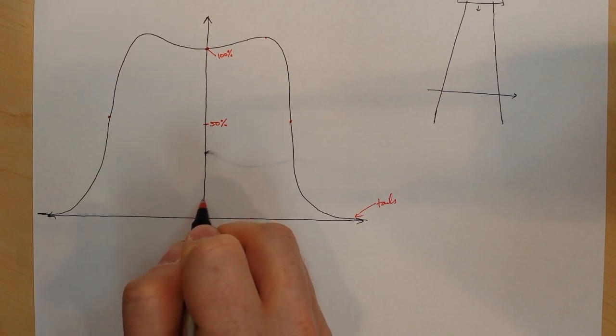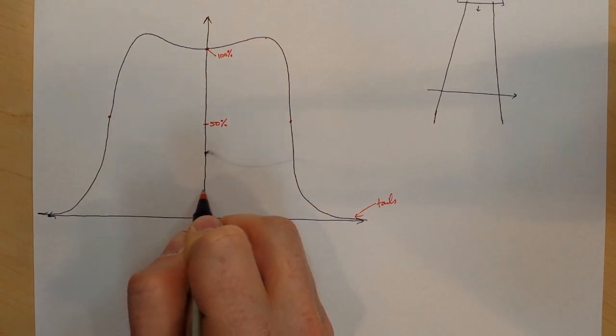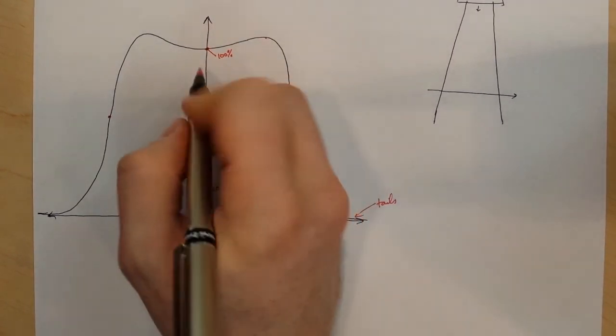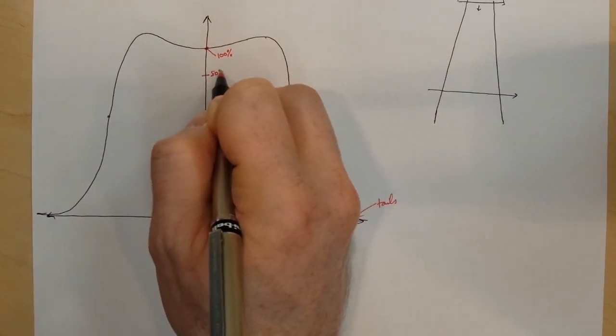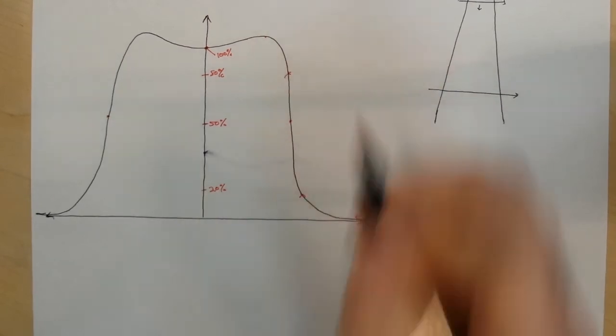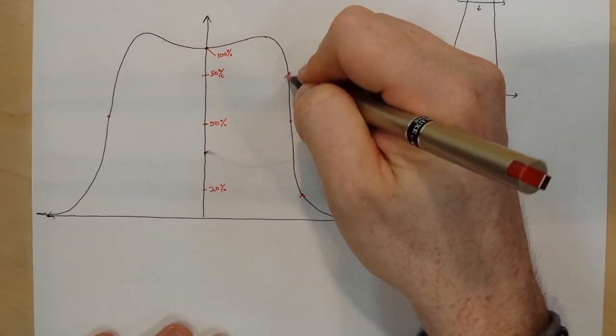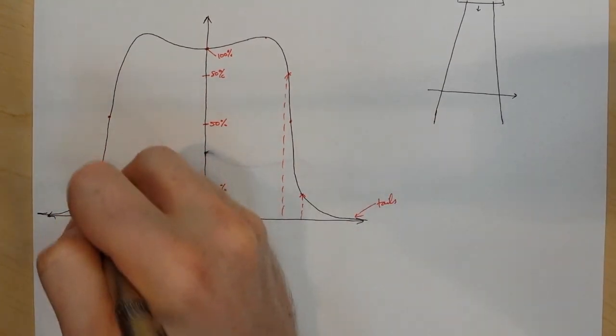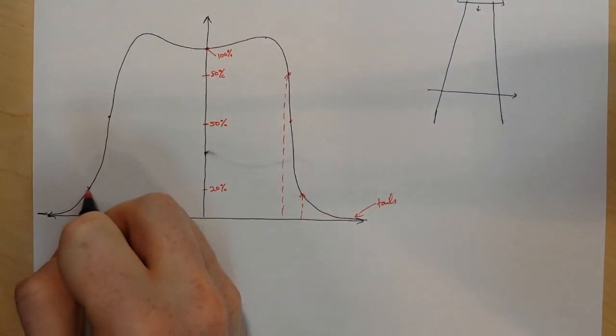I have 20% is another magic number, and 80% is another magic number. Now, the region going from 20 to 80% is called the penumbra.